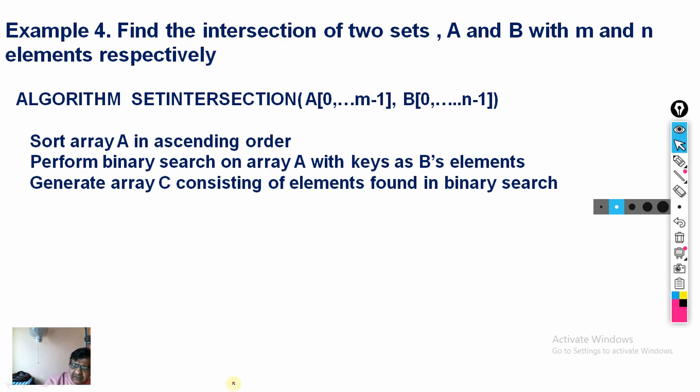If it is present, it should be included in some other array called C, which forms the intersection of A and B. But our transform and conquer method paves a very easy way for solving this problem too.